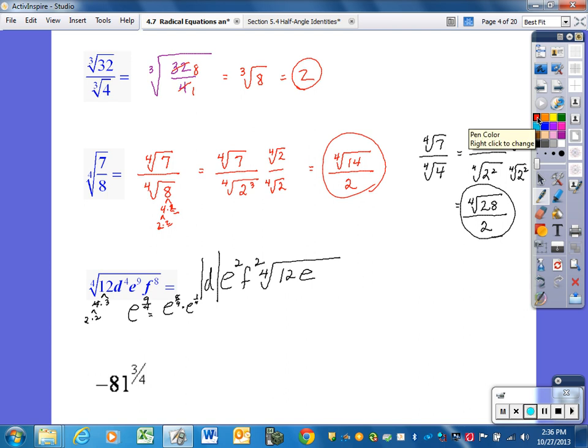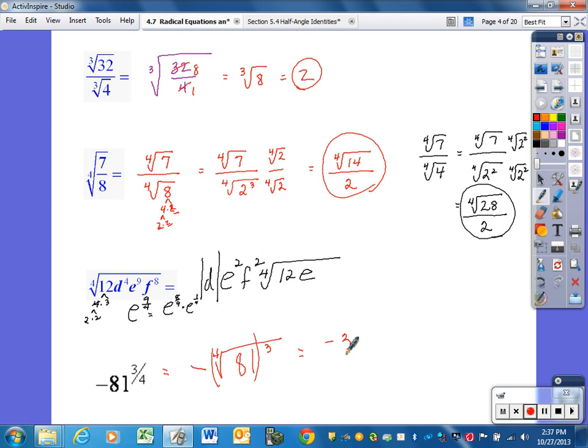Negative 81 to the 3/4. To evaluate this, you have to rewrite. Notice the negative is in front. So it is negative 81 is my base, power 3, the fourth root, which gives me the fourth root of 81 is 3.